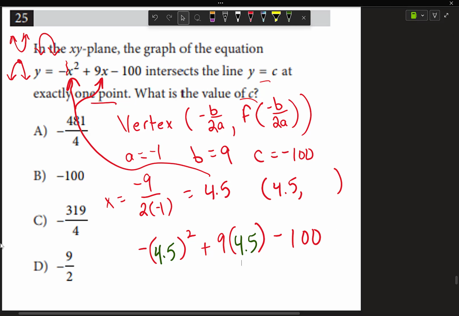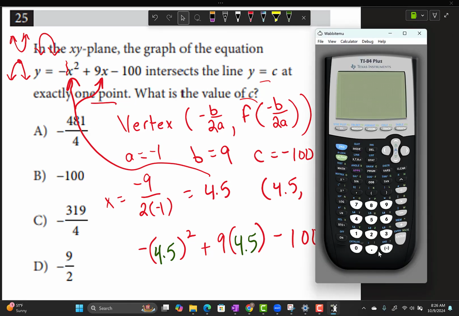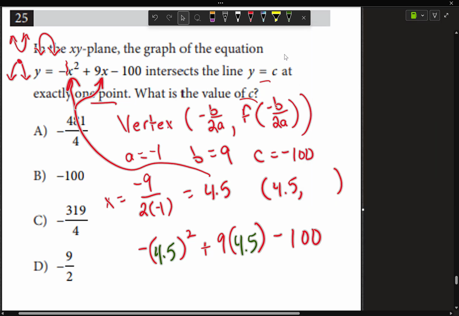And then let's break out the calculator. So negative 79.75 is the y-coordinate of the vertex.